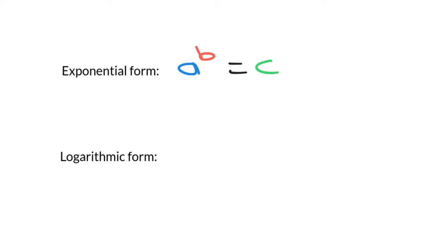So writing that in logarithmic form, we have log of the number. The number in that case would be c, and we would have the base at the bottom is equal to the exponent. So that would be log c to base a is equal to b, the exponent.